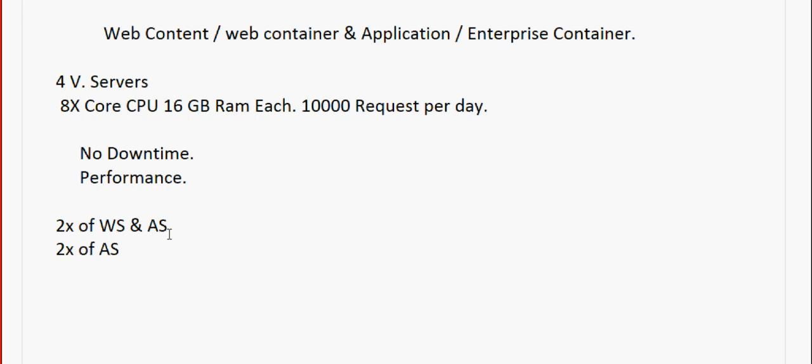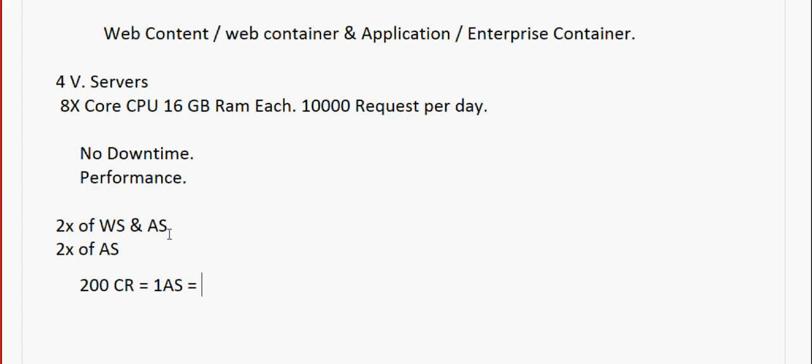So what I'm trying to do is I'm dividing my load here. So why do we have a web server in the beginning is very simple: to divide the load. So for example, I'm getting 200 concurrent requests currently, and I have only one application server to serve all the requests. All right.